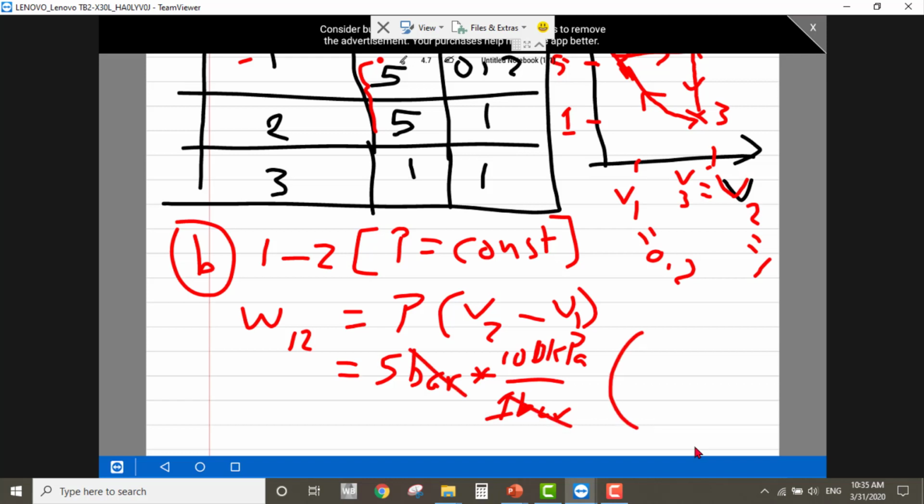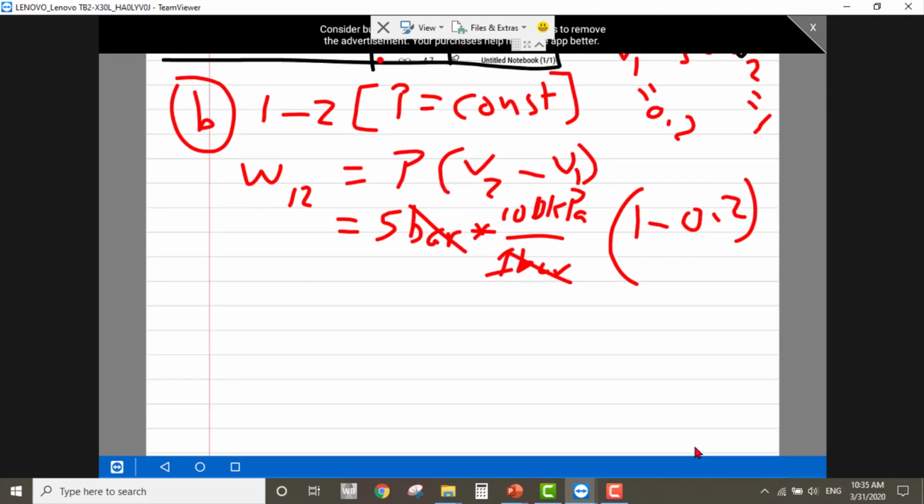Bar with bar cancel out, and this is multiplied by V2, which is 1, minus V1, 0.2. So work 1 to 2 equal to 400 kilojoule. Okay, so this is for process 1 to 2.